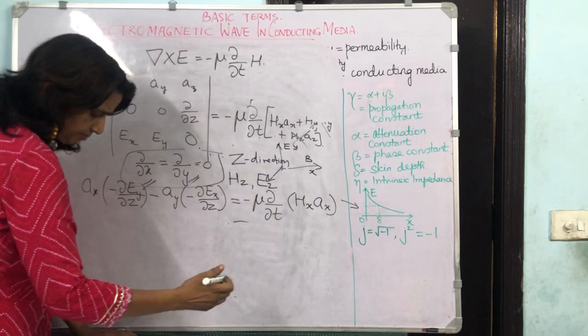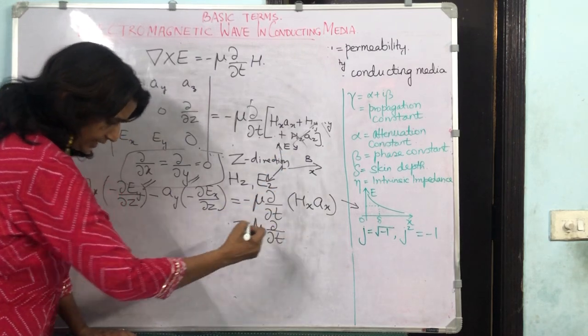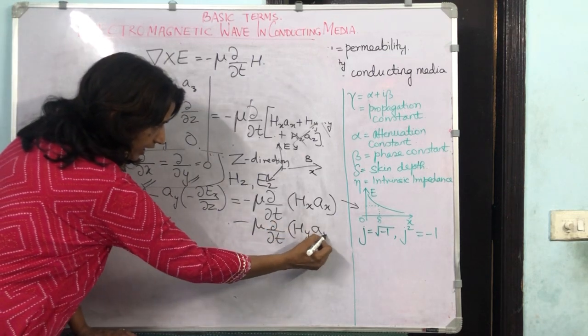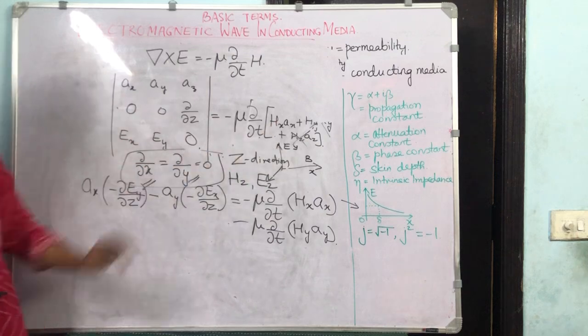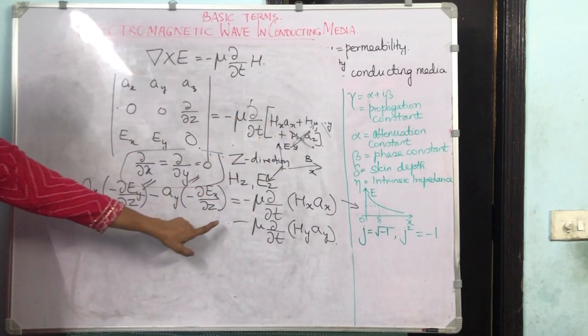So it is minus mu del upon del t into HY AY. Okay, the Z component will not be there.